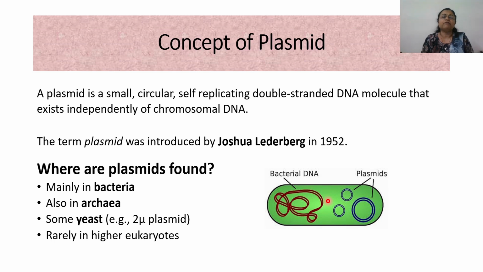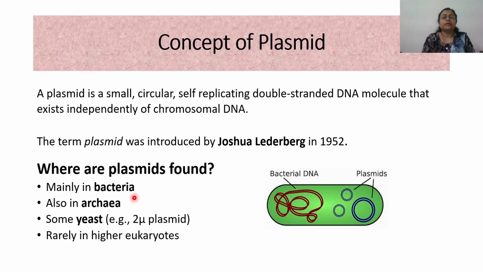Where are plasmids found? Plasmids are mainly present in bacteria. In bacteria, the role of plasmids is to transfer antibiotic resistance characteristics from one cell to another cell.